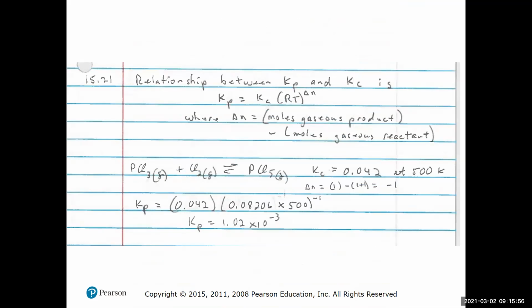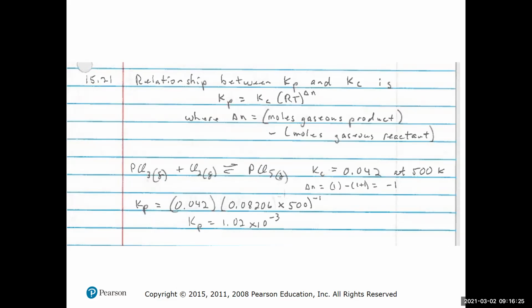Let's look at 15.21. In 15.21, we're given an equilibrium constant for this reaction, PCl3 plus Cl2 going to PCl5, and we want to find the equilibrium pressure constant.